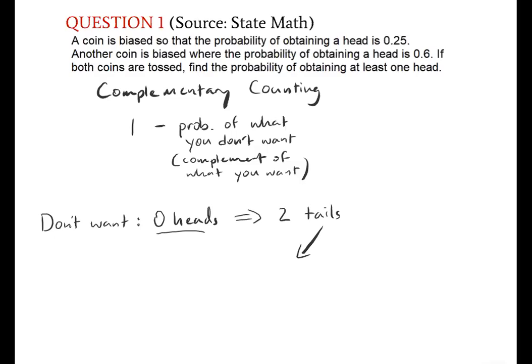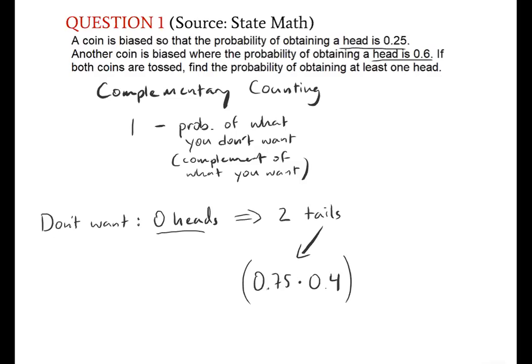So the probability of flipping 2 tails for these 2 coins is, for the first coin, 0.75, and then the probability of flipping the other coin as tails is 0.4, not percent.